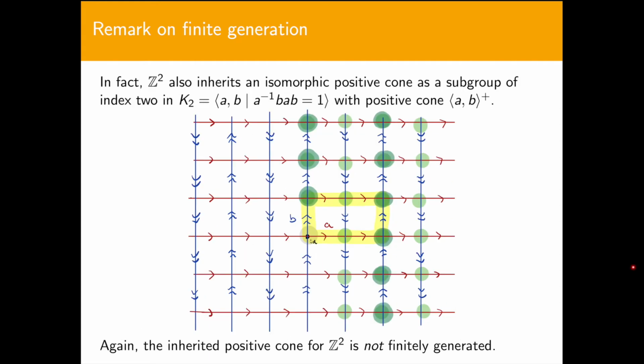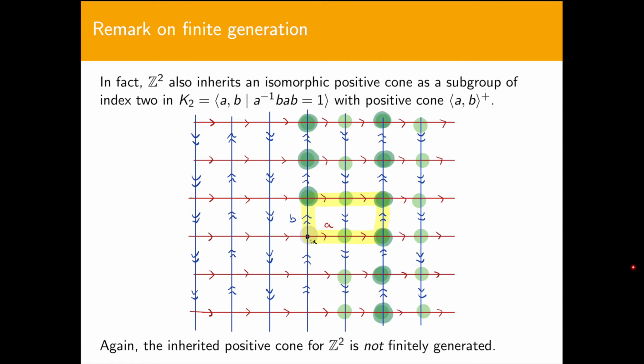And in fact, Z squared also inherits an isomorphic positive cone as a subgroup of index 2 in the Klein bottle group, with a positive cone that's also finitely generated, and in particular it's generated by A and B. So here I've drawn the K graph for the Klein bottle group. You can check it from this perspective. I've highlighted a rectangle which corresponds to the division for Z squared.